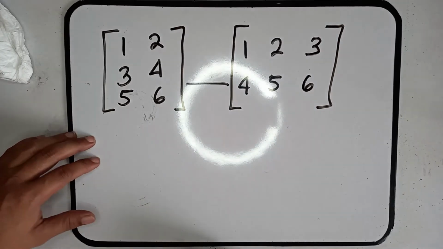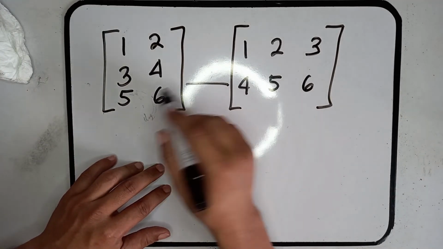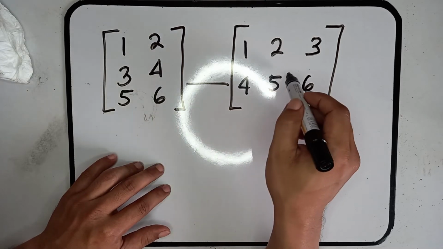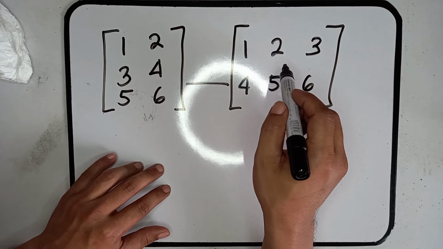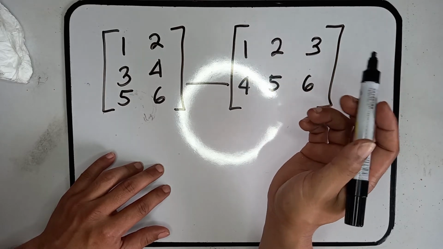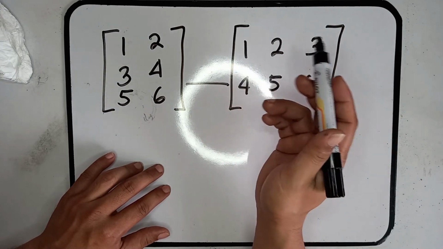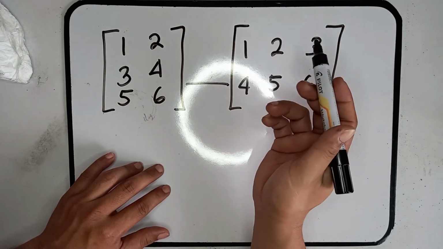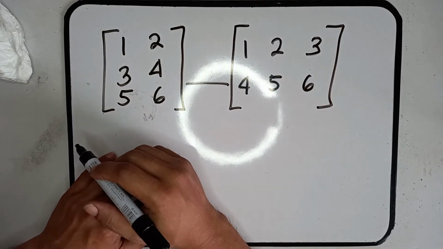So now the question is, is this matrix equal to this matrix? Before we answer that, let's go back to the definition. They should have the same number of rows and the same number of columns, and at the same time the elements are equal.